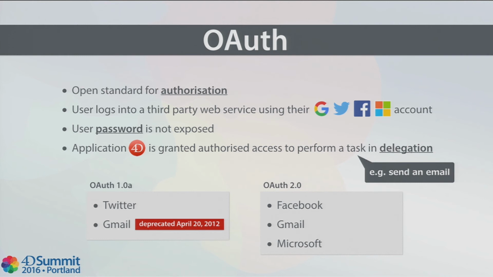There's no real difference in the security level between 1 and 2, which is why some other companies like Twitter continue to use 1. It requires a lot of computation on the client side, and it can be messy. OAuth 2 purports to provide the same level of security, but it's much simpler. And now, Gmail only supports 2.0.